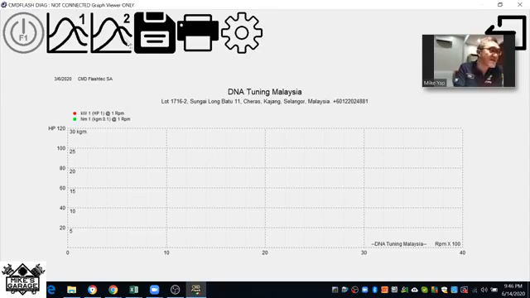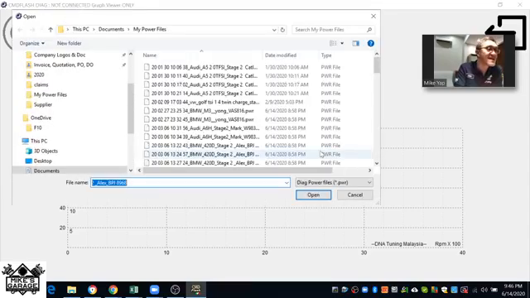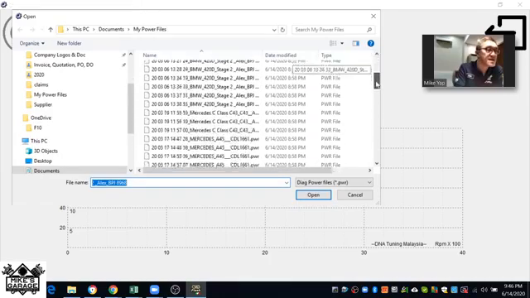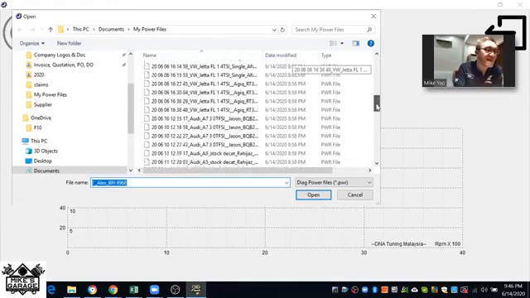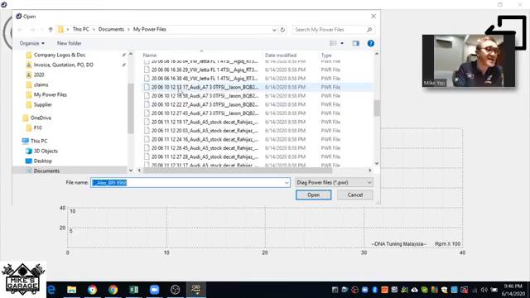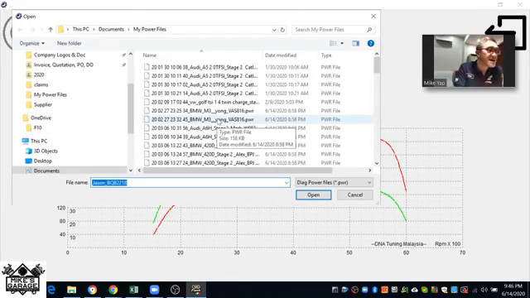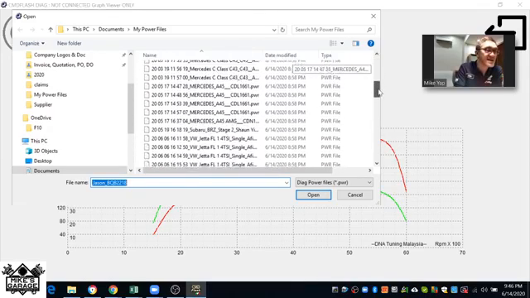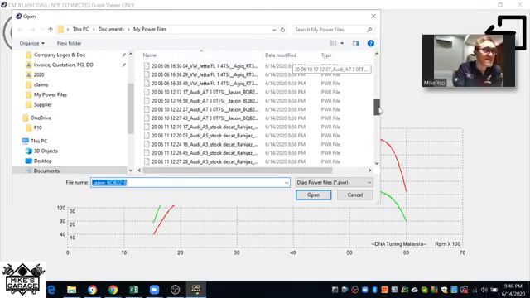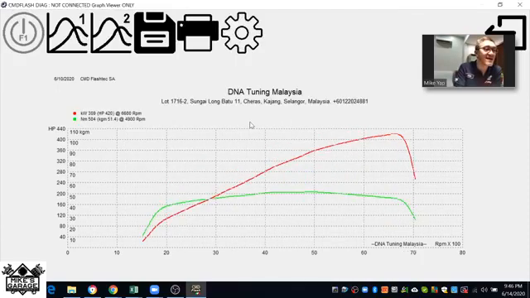Oh no, we didn't get a run in with that one. We did a run on the A7 this week as well, with the 3.0 TSI engine. We got a clean run here, as you can see.